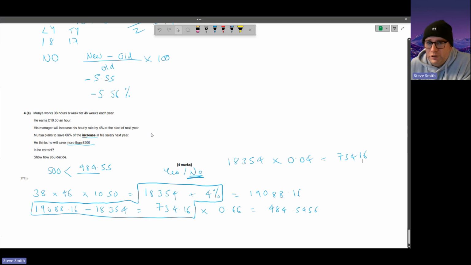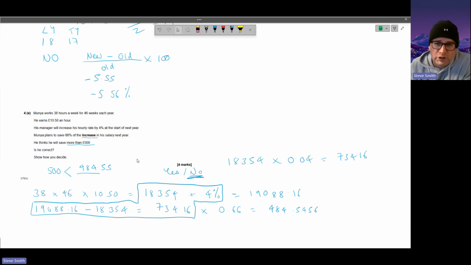Sometimes if you know you're not on the right track and you haven't got a clue, the best thing to do is click next and put a flag on it. You'll see, right, I didn't get that one, I can come back to it, because another question might trigger the method for the question you flagged.